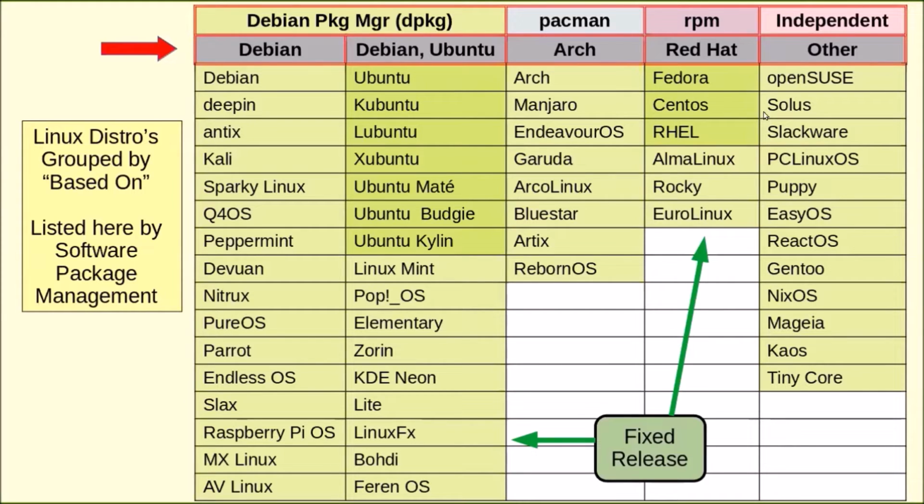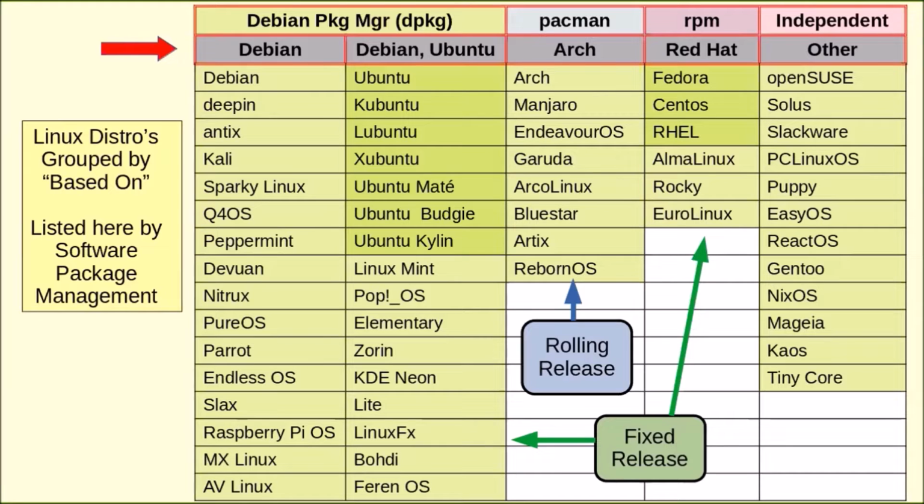Now, one thing you got to know is that the Red Hat and Debian Ubuntu are all fixed release. That means every 6 months or 12 months or 2 years, they go in and they rework the whole distribution, make everything work. Whereas the Arch people, they want the latest. One of the reasons for starting Arch was they didn't want to wait 2 years to get an update.